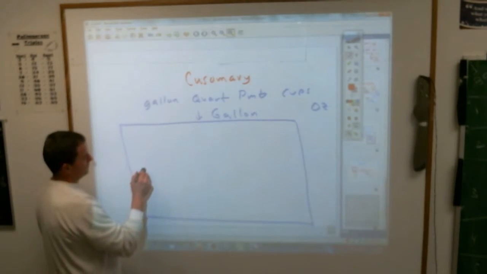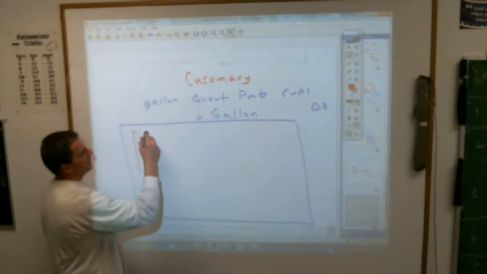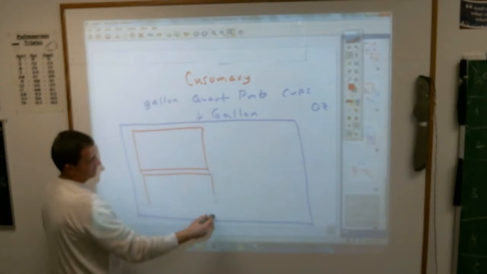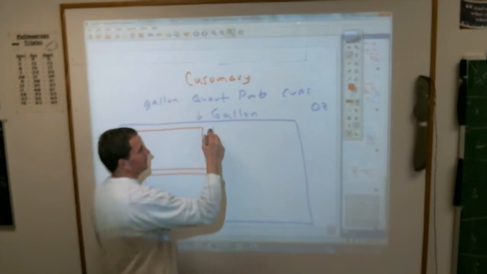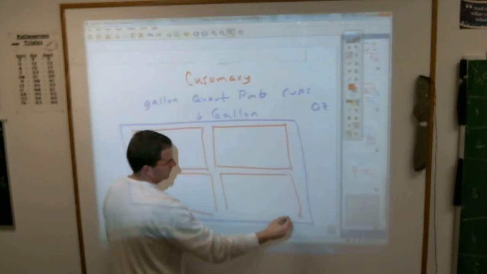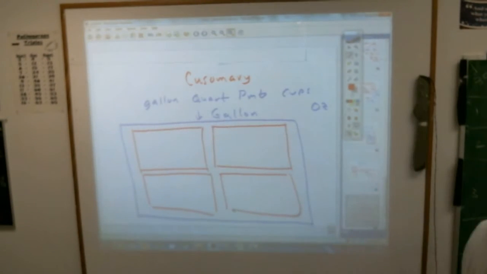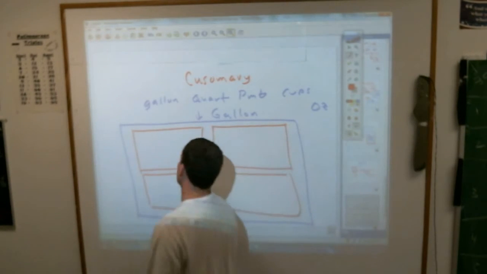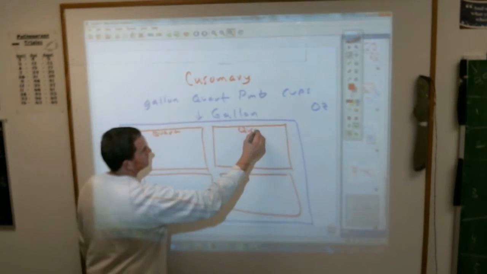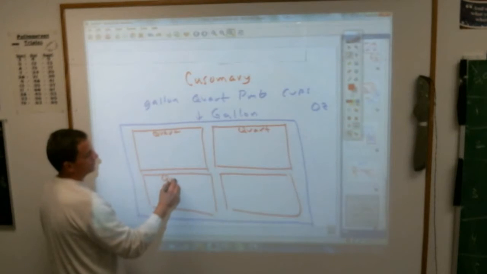So if we draw about 4 equal-sized rectangles, that'll help you remember that there are 4 quarts. If you look at Mr. Gallon over here, he's got 4 arms, 4 quarts coming off of him. So there's 4 quarts in a gallon. Quart, quart.